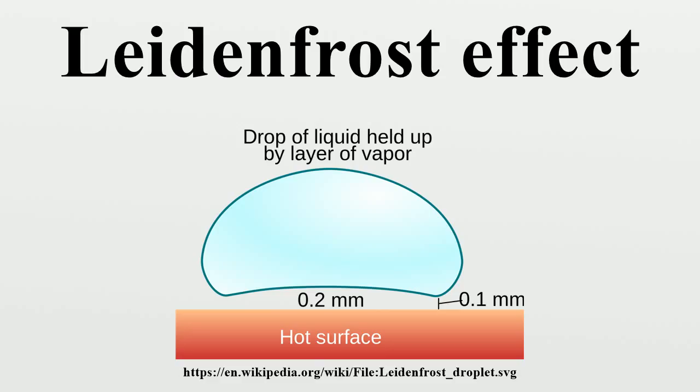For fluids with similar thermophysical properties, the one with higher surface tension usually has a higher Leidenfrost temperature. For example, for a saturated water-copper interface, the Leidenfrost temperature is 257 degrees Celsius. The Leidenfrost temperatures for glycerol and common alcohols are significantly smaller due to their lower surface tension values.